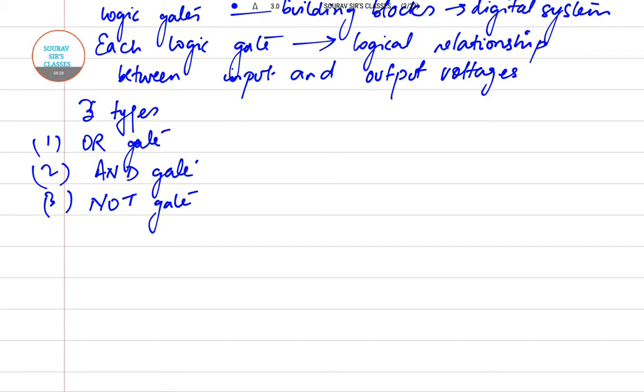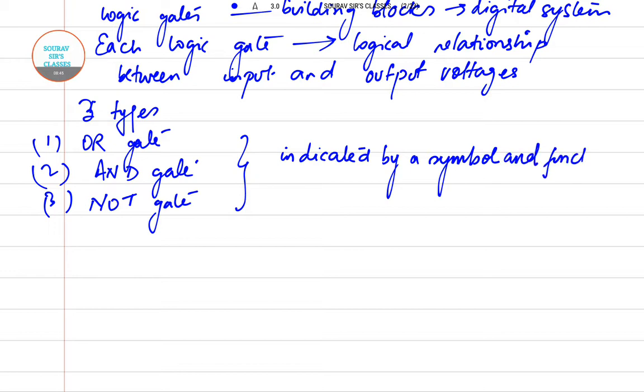Okay. Now each basic logic gate is indicated by a symbol and its function is defined either by a truth table, or you can even use the Boolean expression.